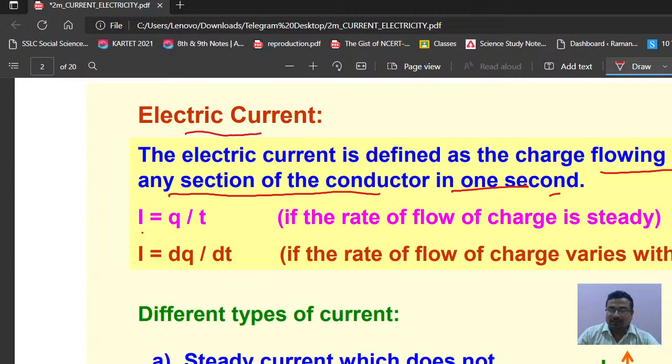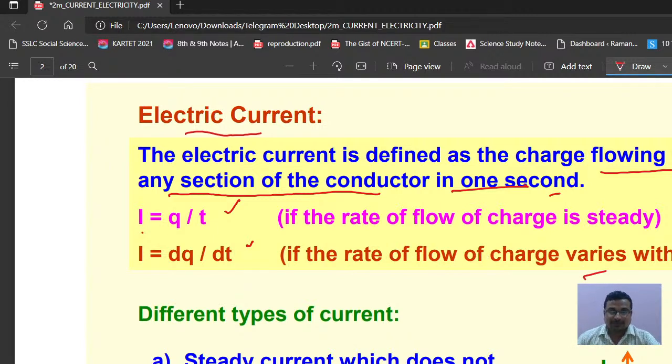The current is represented as I, charge as Q, and time as T. So the rate of flow of charge is called electric current, and we can write current as I equal to dq by dt, because the rate of flow of charge changes with time.